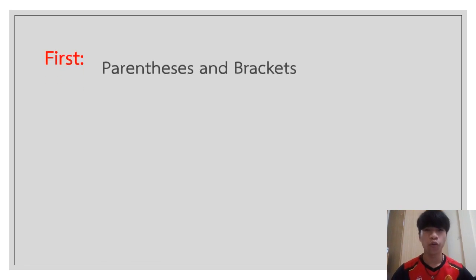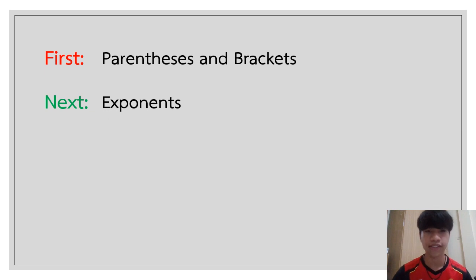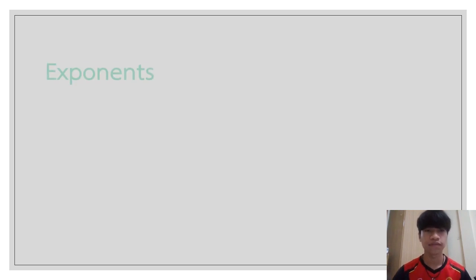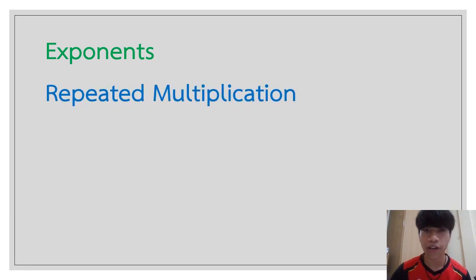Okay, now we know to do the operations in the parentheses and brackets first. And the next thing we do is exponents. What is an exponent? Exponent is repeated multiplication.